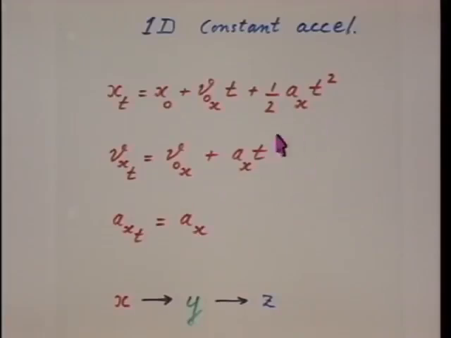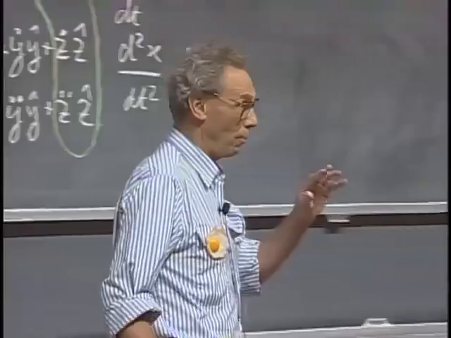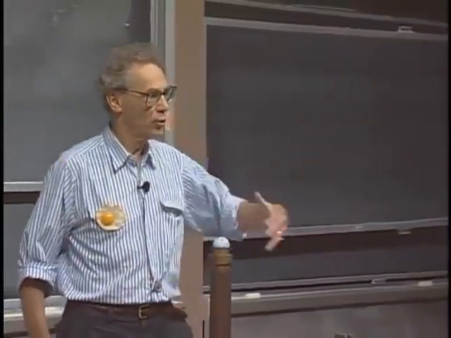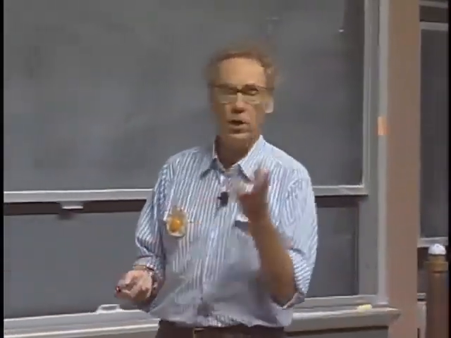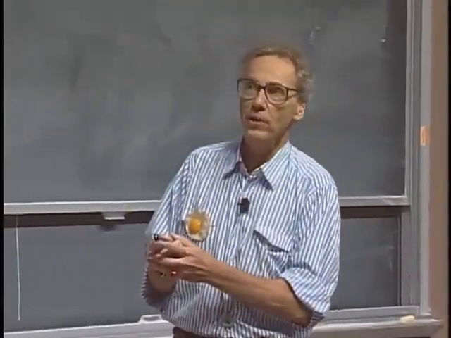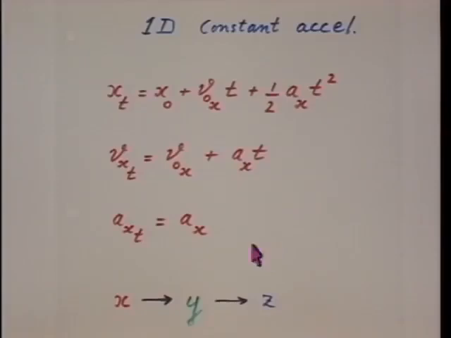Now, if we have a motion which is more complicated, which reaches out to 2 or 3 dimensions, we can decompose the motion in 3 perpendicular axes, and you can replace every x here by a y, which gives you the entire behavior in the y direction, and if you want to know the behavior in the z direction, you replace every x here by z, and then you have decomposed the motion in 3 directions.